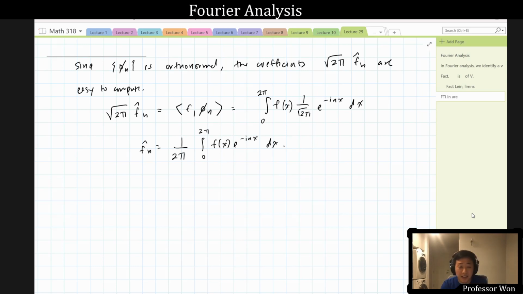Right, and this is just a definite integral. You can numerically approximate this, for example. So this is easy to compute.